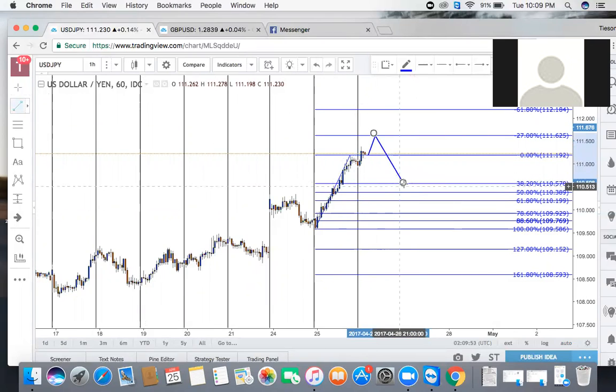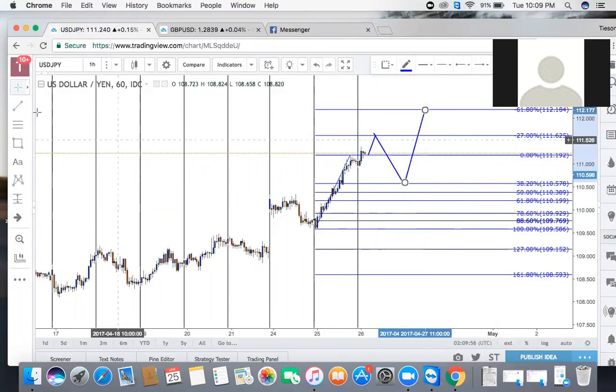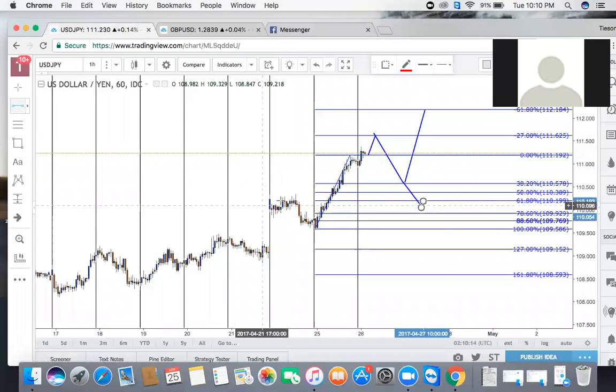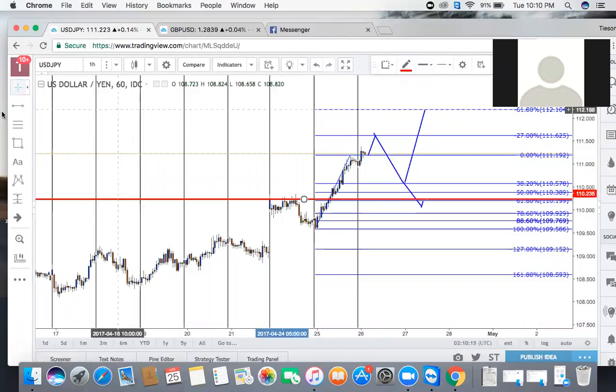And it may continue up again, or it may drop. 61.8 is a very key level as well. So I would look for a break and a retest of that, along with my other support and resistance lines.